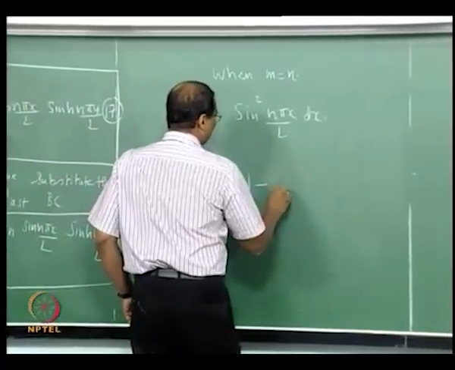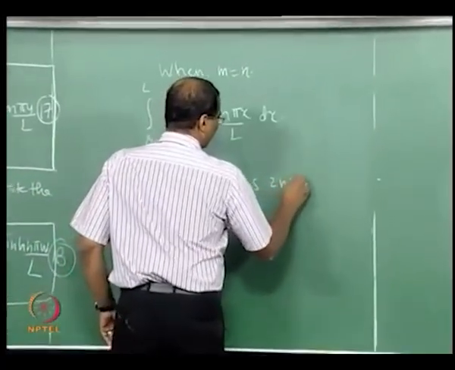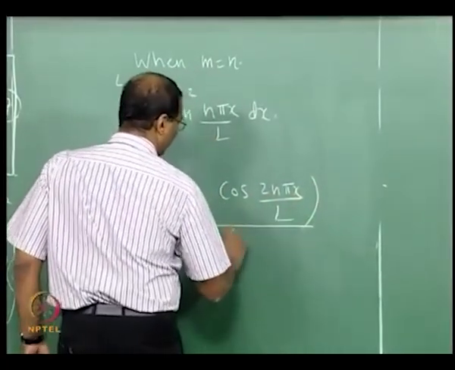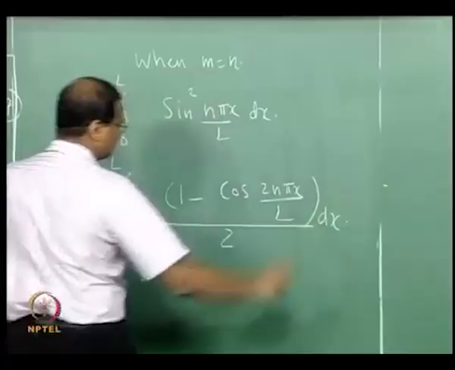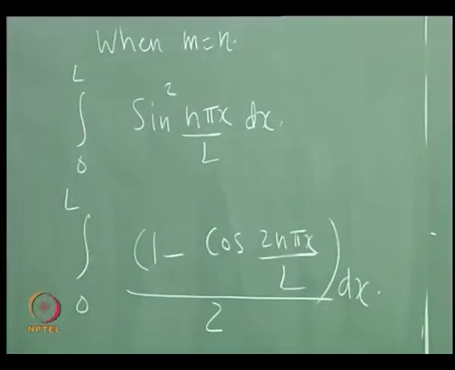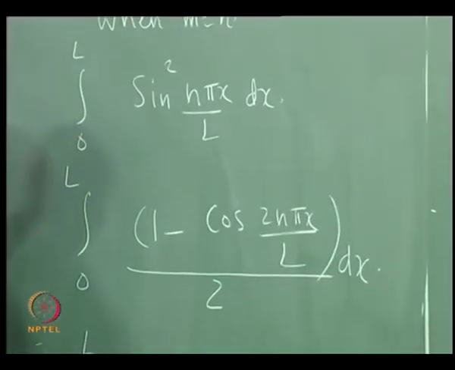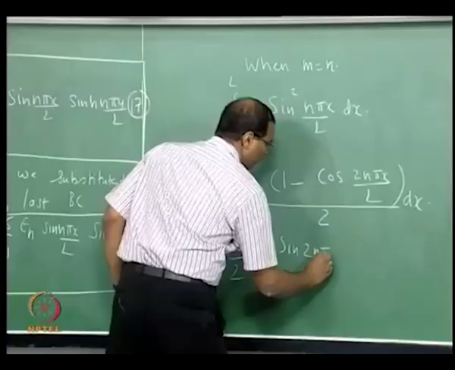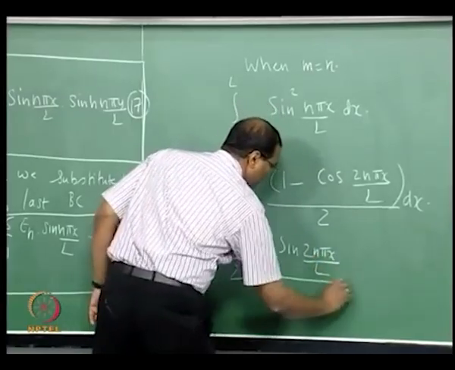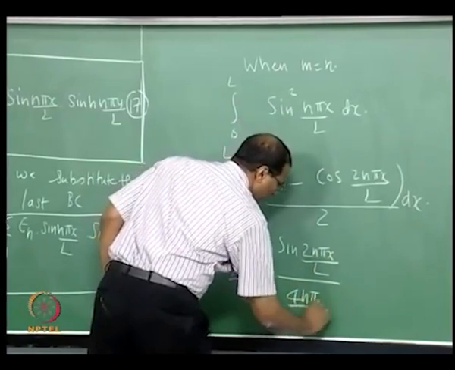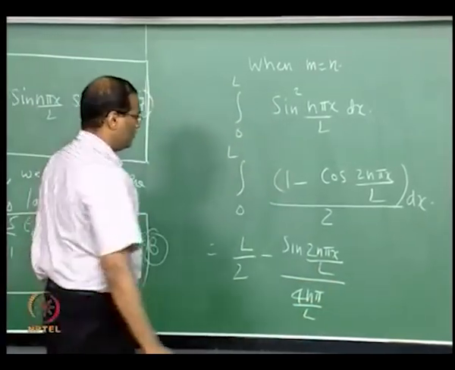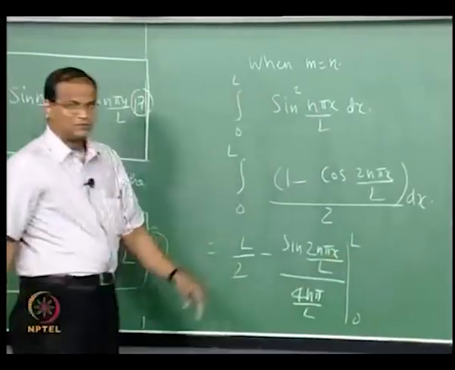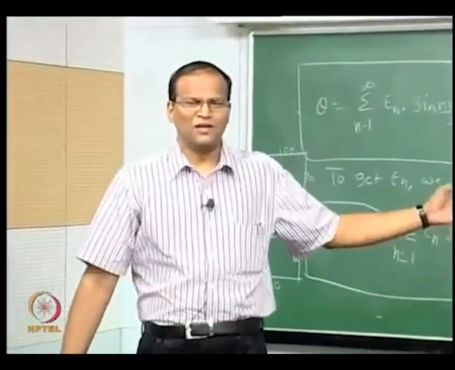So 1 minus cos 2 n pi x by L, whole by 2, okay, is equal to, cos sin, any sin of n pi, sin of 0, everything is 0.